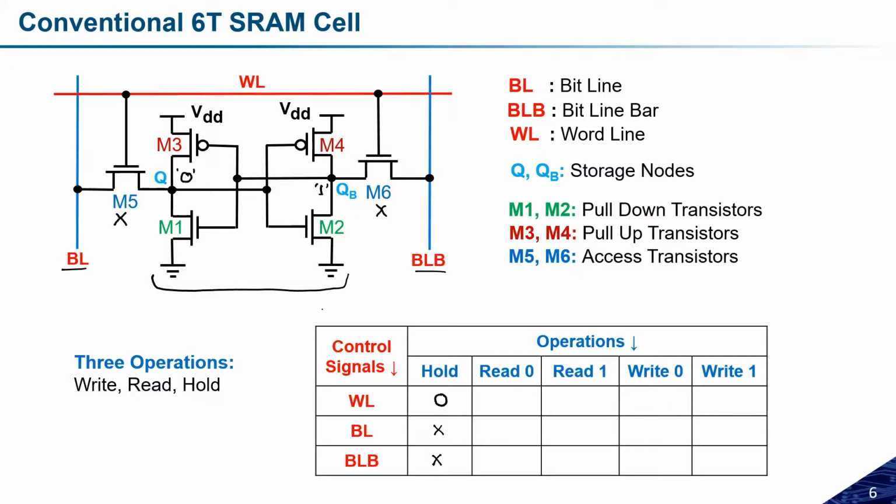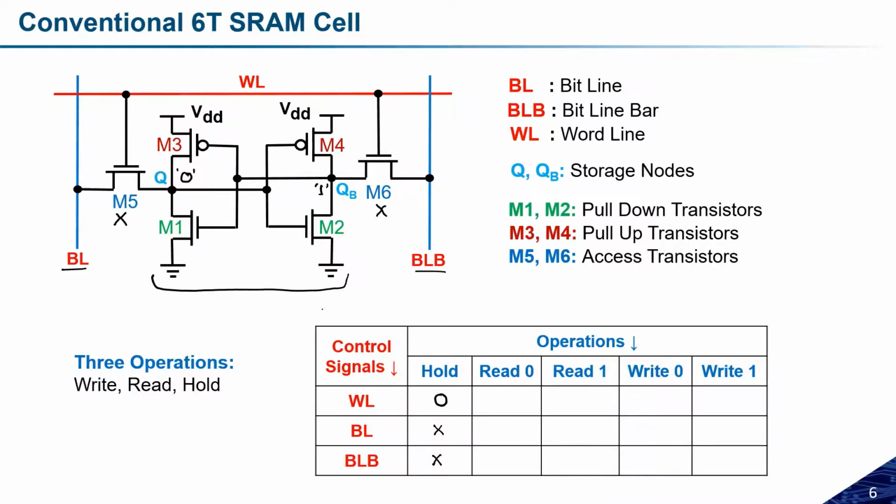The important thing is, if I have to hold the data on SRAM, then the word line should be 0. Now the question is, suppose I want to read something. I want to read 0 or read 1. Then what do I have to do? Before reading, I just wanted to explain how to write the data. First write, then I will come back to the read operation.